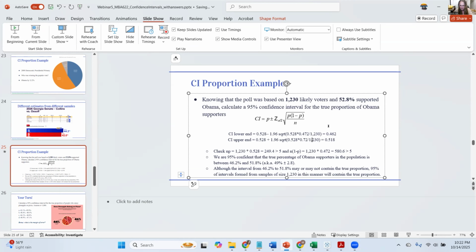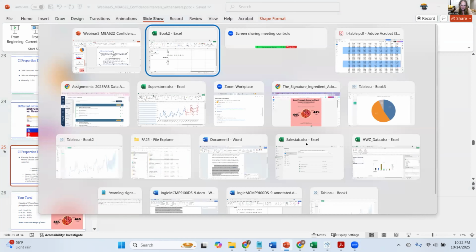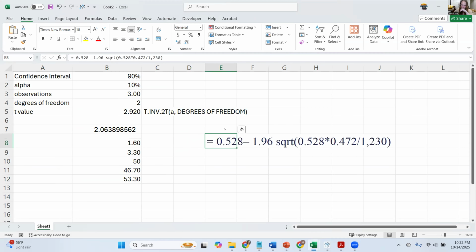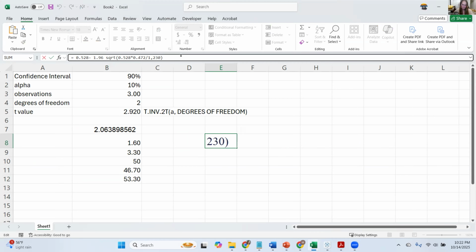All right, so let's take a look. This is going to be slightly different. I'm going to copy this and put it into Excel, just my little scratch pad of Excel. Probably won't go all the way through, but let's see if it'll work. It says no, okay, no big deal. 0.528 minus 1.56, oh yeah, times the square root.